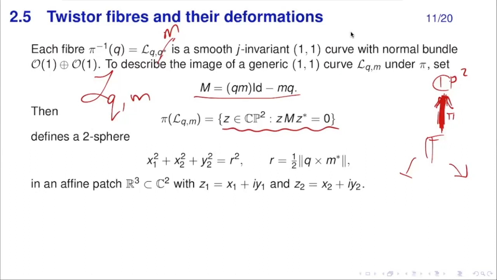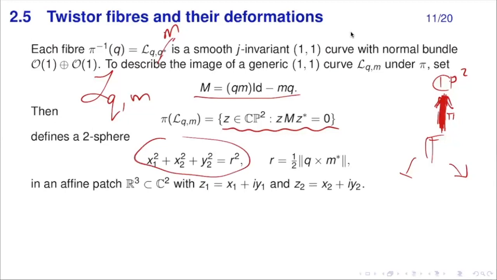You can check that this would just be 1 point if Q is equal to Q star. In any case, when you write this in coordinates, it really becomes a very simple object, as you might expect, because if you remove the complex geometry, these fibers are all topologically two spheres. So when you project one of these things, it's not surprising that if you use affine coordinates in C2, say in CP2, you get just the equation of a sphere.